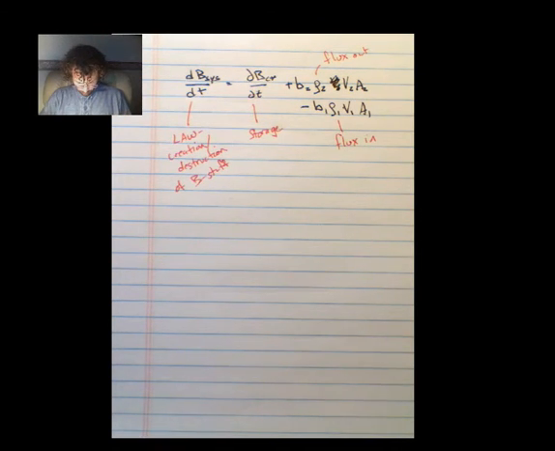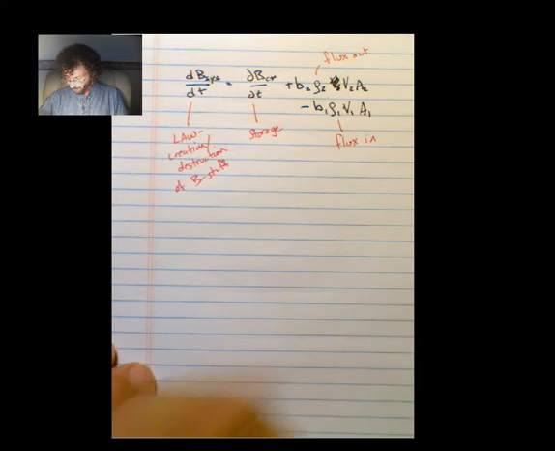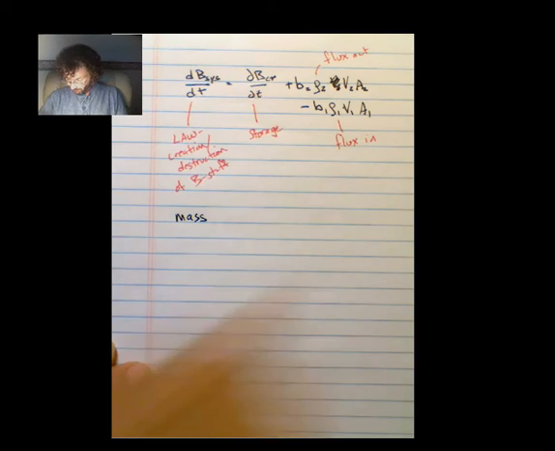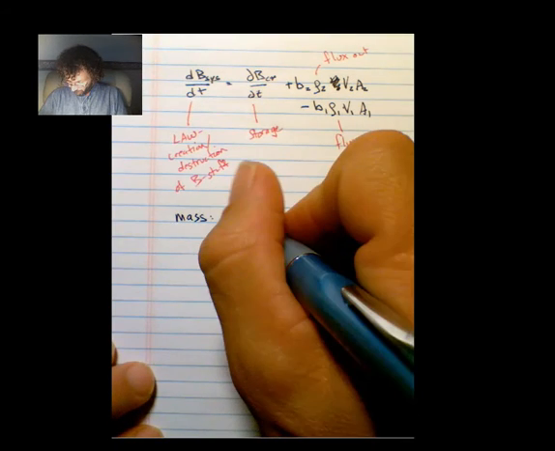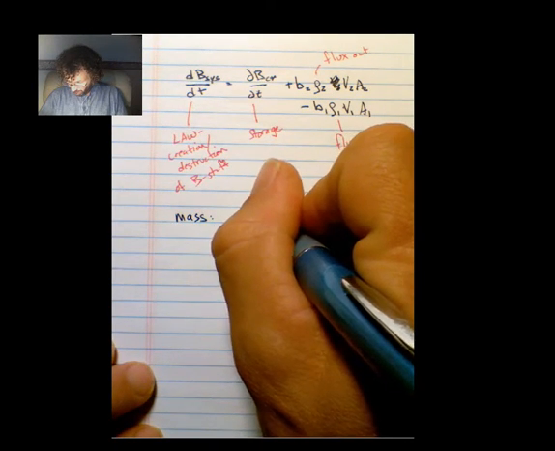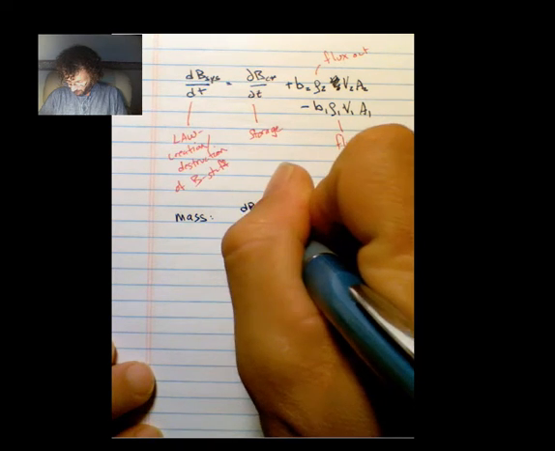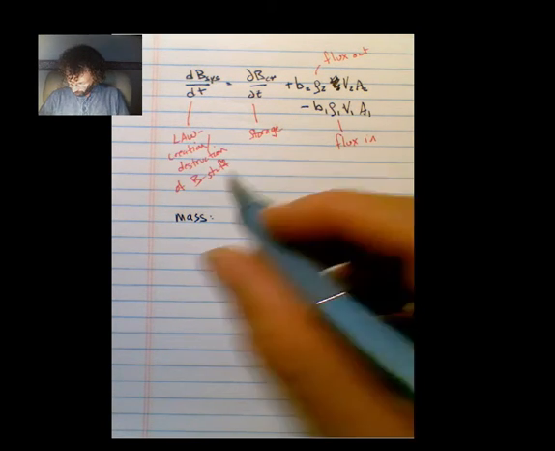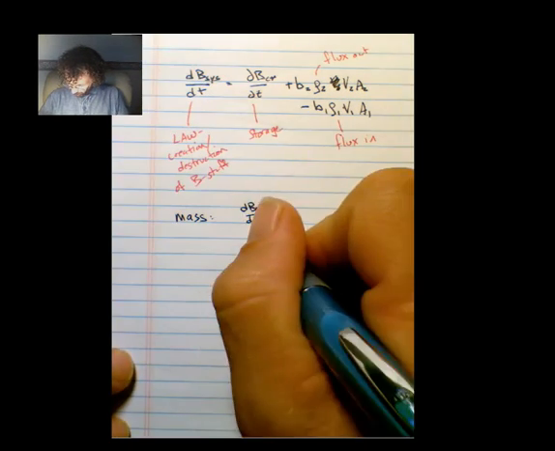So let me just show you one particular example of this, bringing us back to something we already know. Let's look at mass. Conservation of mass. dB system dt is equal to 0. You don't create or destroy mass. And let me just say one other thing.